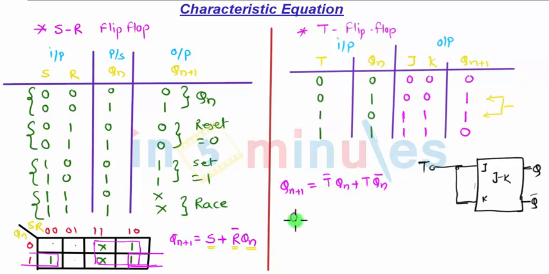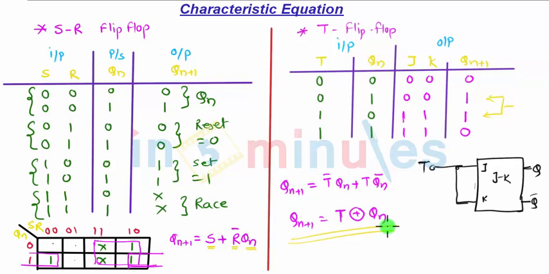This is nothing but the XOR combination between the input T and the previous state Qn. So Qn plus 1 is nothing but T XOR Qn. It is the characteristic equation for the T flip-flop.